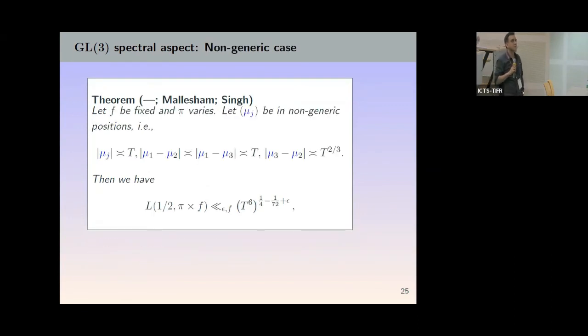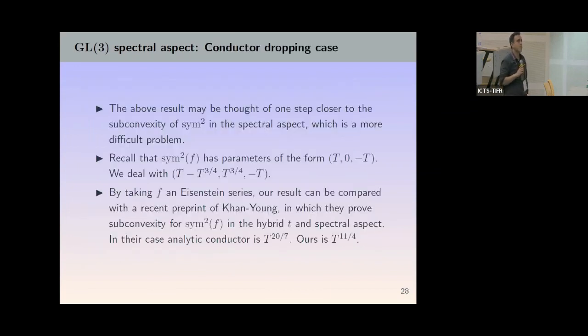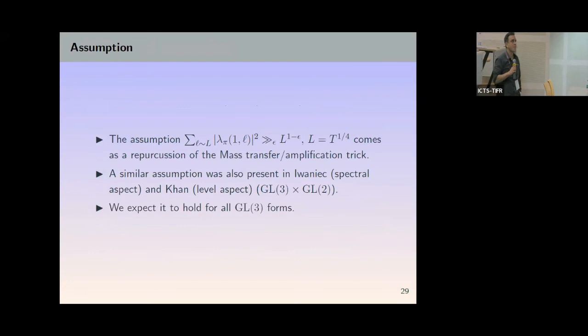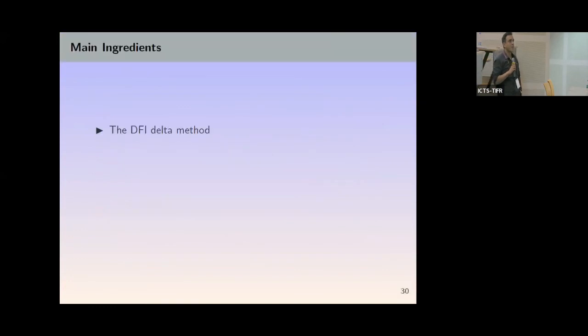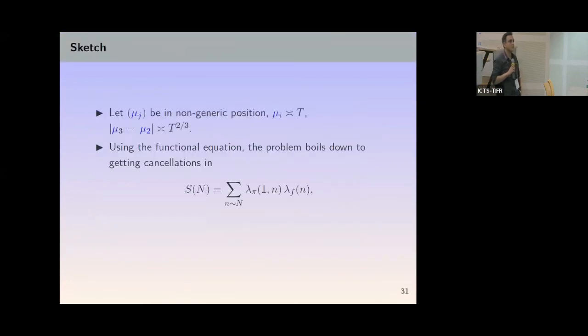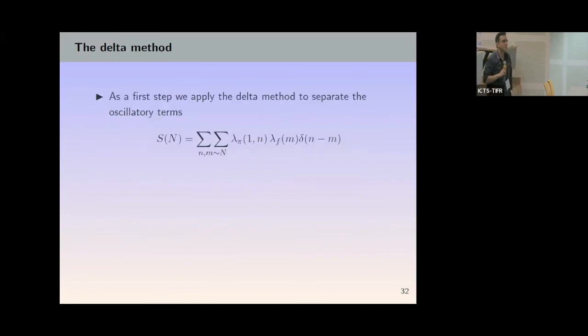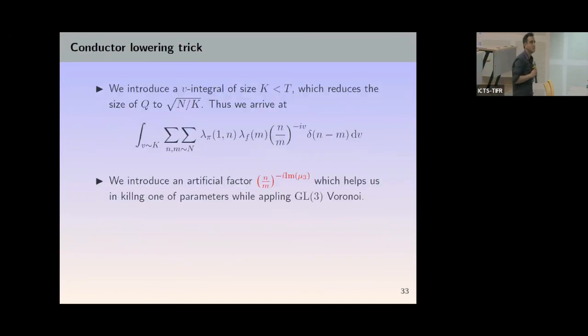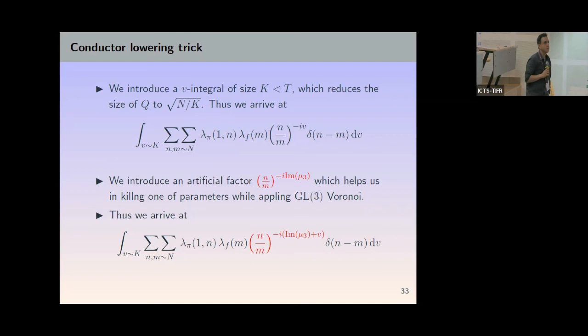Let's see. Just a minute. Here, right? So here is also a factor like m to the power minus imaginary part of mu 3 times v.